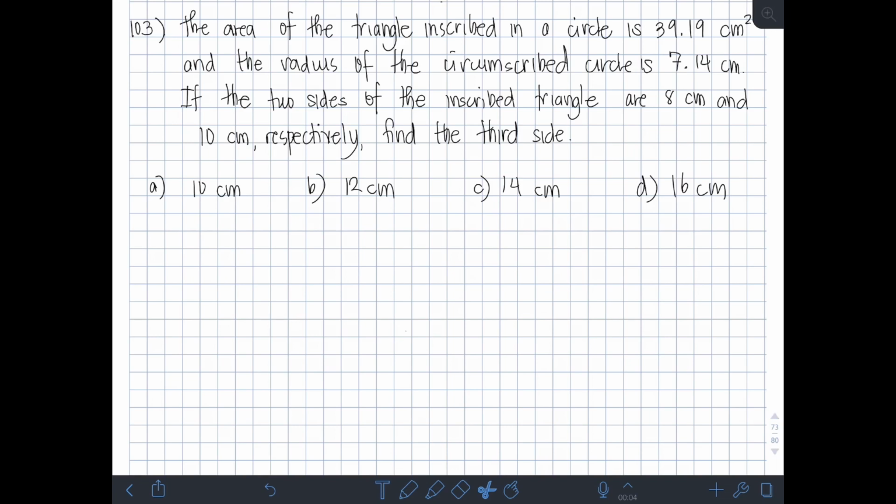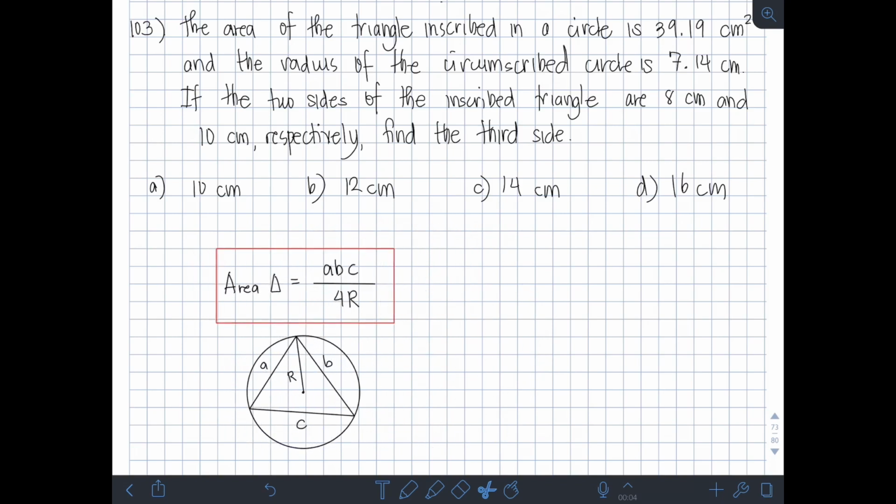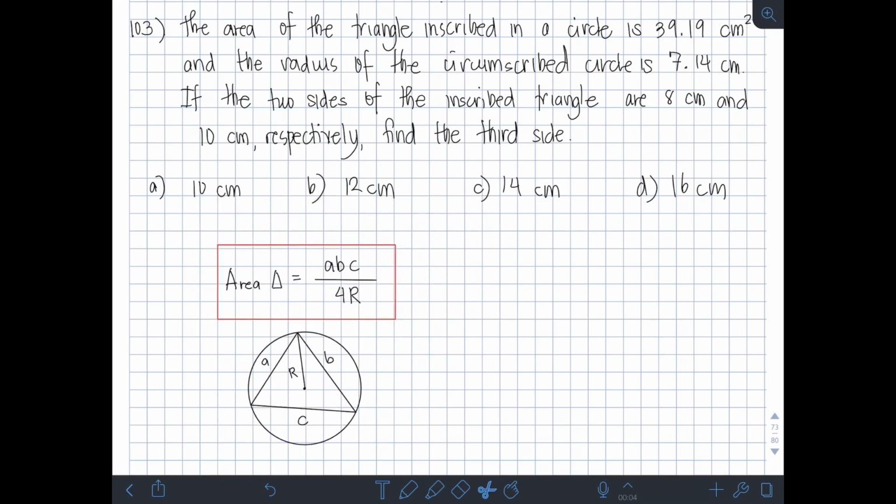So meron tayong formula dyan for the area of inscribed triangle sa circle. So ito yung formula natin, area of triangle inscribed in a circle is equal to ABC over 4R. Where yung A, B tsaka C yung sides nung inscribed triangle, at yung R naman is yung radius ng circumscribed circle. So, meron tayong value ng area, tapos meron tayong radius ng circle, tapos meron din tayong dalawang sides, 8 tsaka 10. So, hanapin daw natin yung third side.